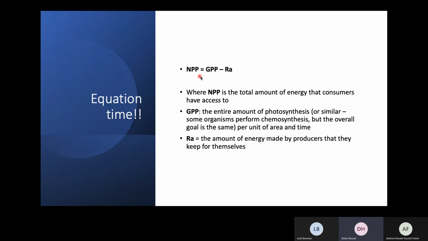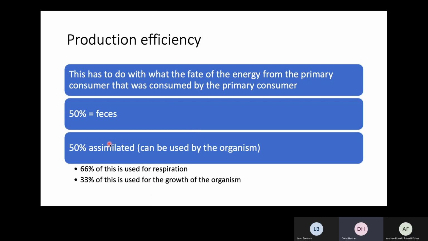So it does make sense: the net primary production, or the net amount of energy available to consumers for their own use, is equal to the energy produced by the primary producers minus the amount they keep for themselves to perform cellular respiration and other biochemical reactions.